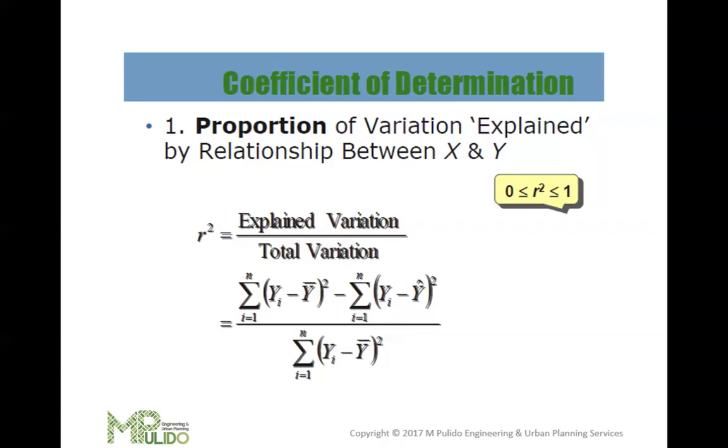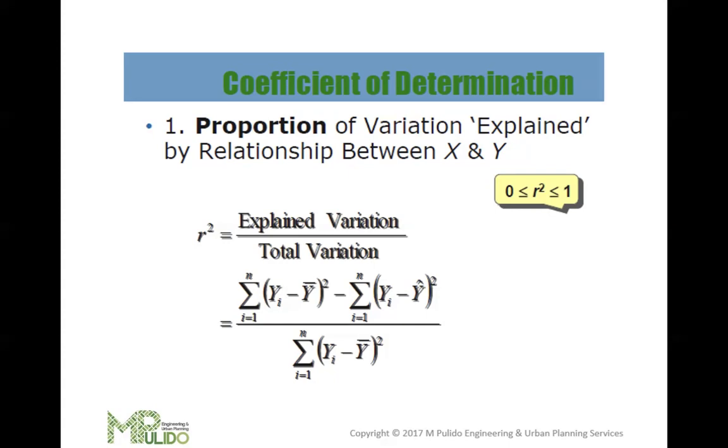Quite long, but of course, a high R square indicates a good fit, where the model explains a large proportion of the variability in the dependent variable. A low R square indicates a poor fit, where the model explains little of the variability in the dependent variable.